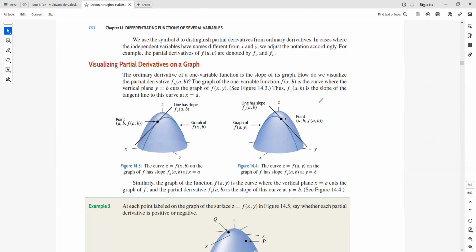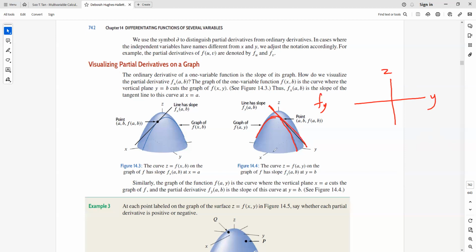Similarly, if we are interested in the change in the y direction, or the partial change with respect to y, then we can think of it as just considering the z-y plane. We will get a curve like this if a plane parallel to the z-axis intersects this paraboloid.